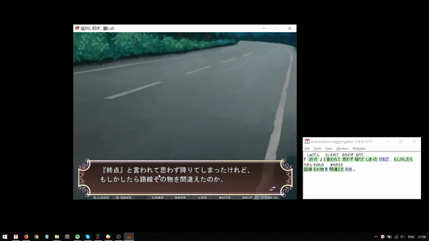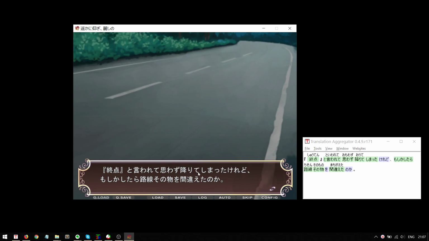終点だと言われて思わず降りてしまったけれど、もしかしたら路線そのものを間違えたのか。終点 means the last stop. と言われて is passive, so he was told by the driver. 降りる is to get off the bus. 降りてしまった, this しまった means something that may have been done by mistake.